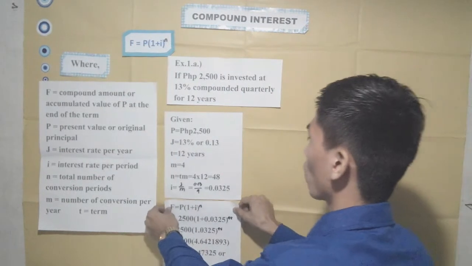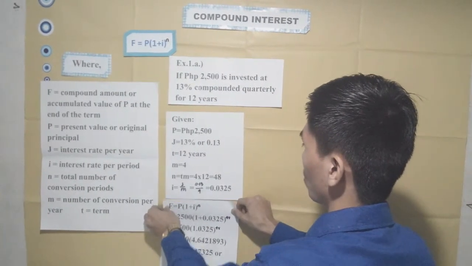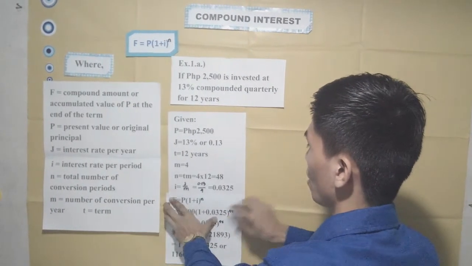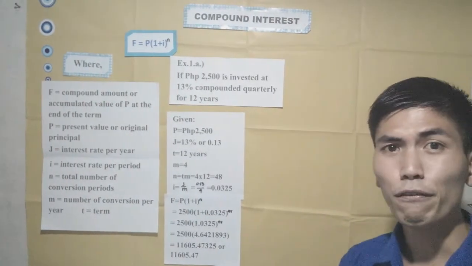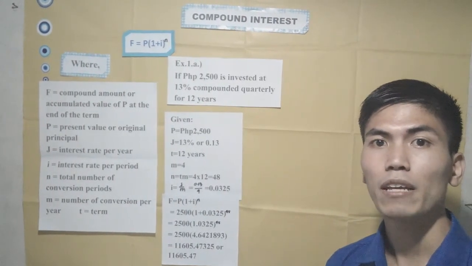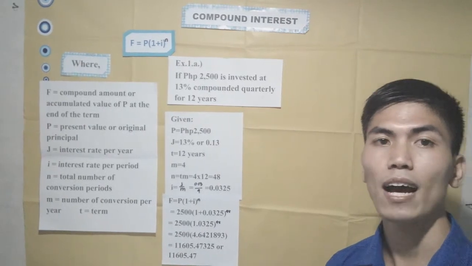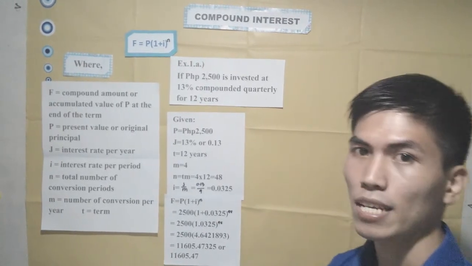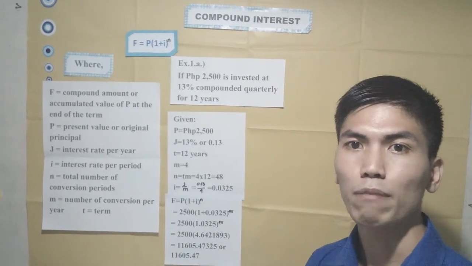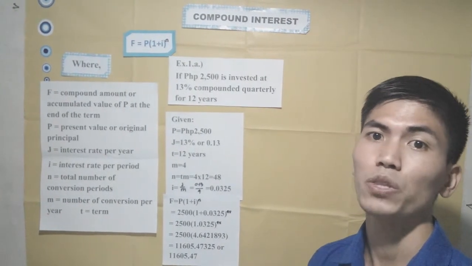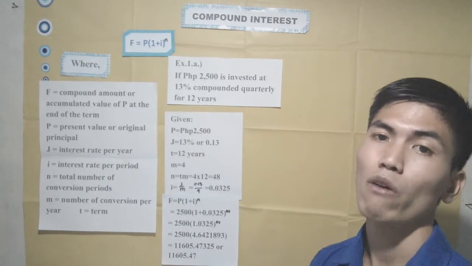By the use of this formula, we will solve the compound interest. F is equal to P open parenthesis 1 plus i close parenthesis raised to n. Our principal is 2,500, multiplied by 1 plus 0.0325 raised to the power of 48.